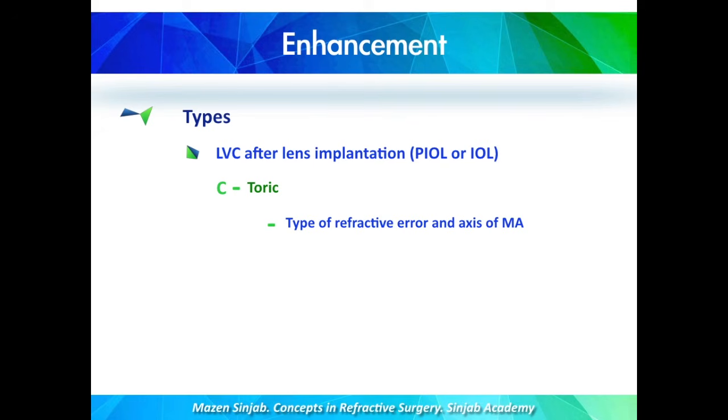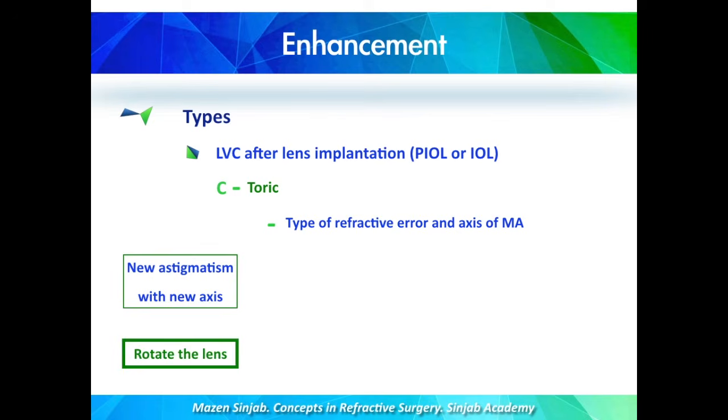We have to determine the type of refractive error and axis of manifest astigmatism, comparing the previous astigmatism and refractive error with the recent ones. If the patient has new astigmatism with a new axis, then we have to rotate the lens.